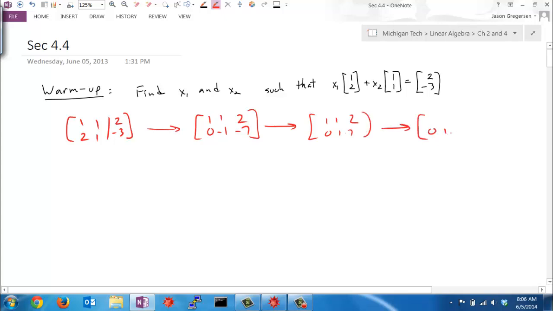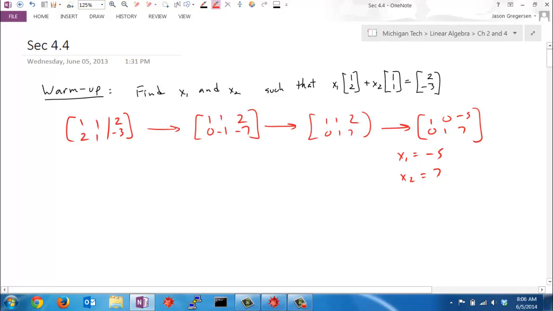Now I'll do my backwards process: 1, 0, and -5. All right, how's that look? So far, so good? Okay, so if I rewrite that into a system form, this tells me that x1 equals -5 and x2 equals 7. So that's finding the right x1, x2 values, really answering the question for the warm-up.